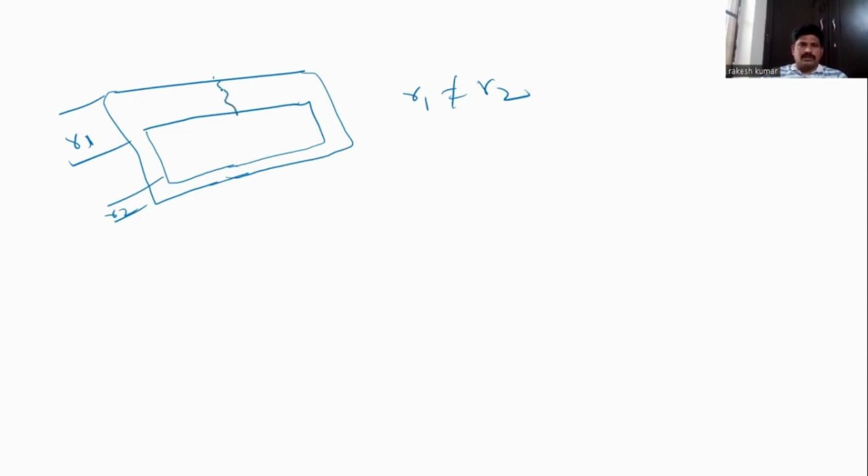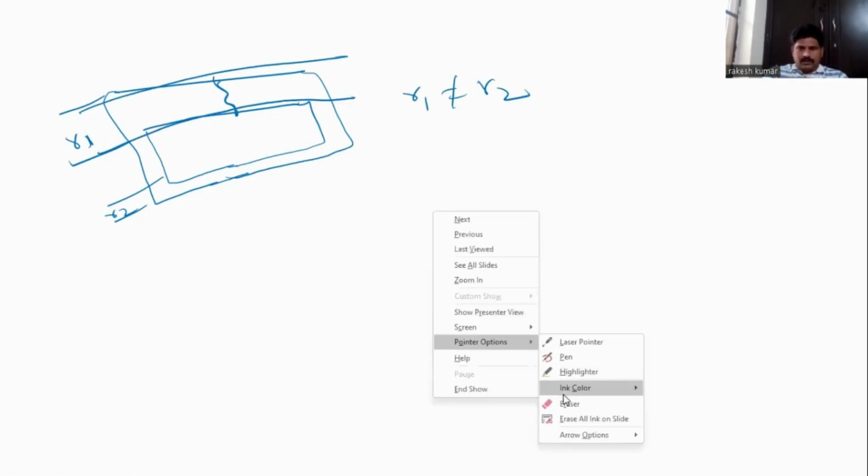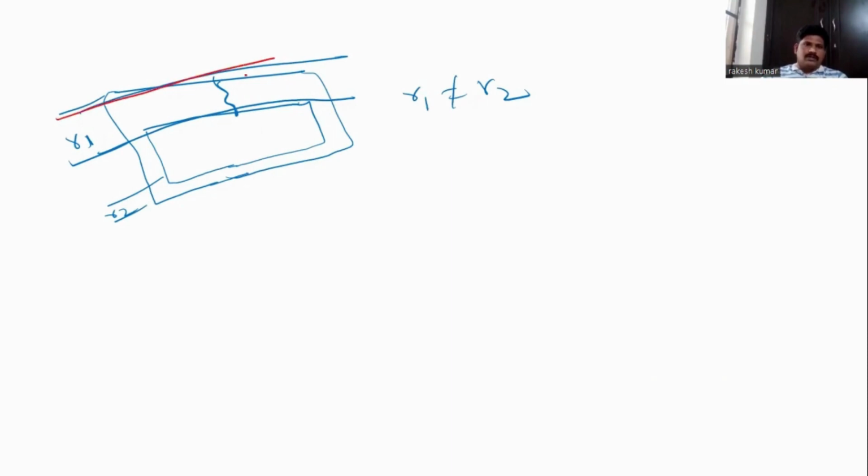So the radius of this dipole R1 is not equal to the radius of this dipole R2. In that case, the folded dipole has the ability of transforming impedance to the desired value.